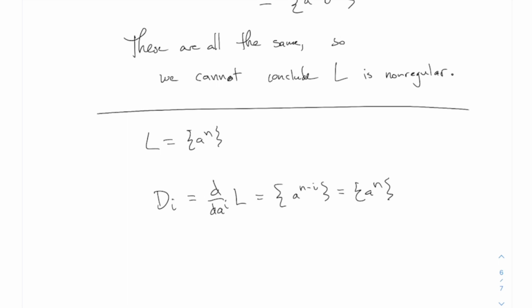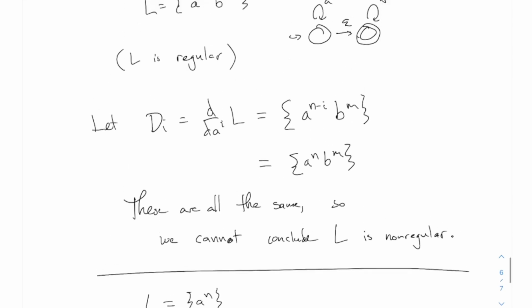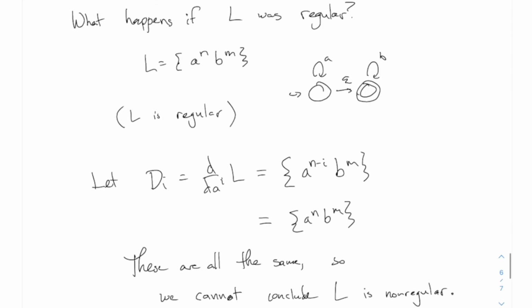The point is, you have to find infinitely many derivatives which give you different answers. In this case, and in the previous case, that's impossible. You're not going to get any different answers. You get the same answer every time. All right. So this is what happens if you start with a regular language. If you're doing everything correctly, you will find that you thought there was going to be infinitely many derivatives, but they're all the same, or there's only like 2 different ones, or something like that.